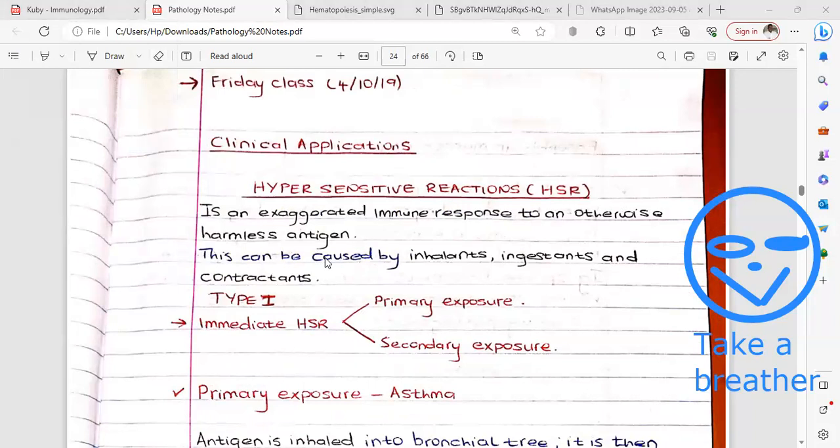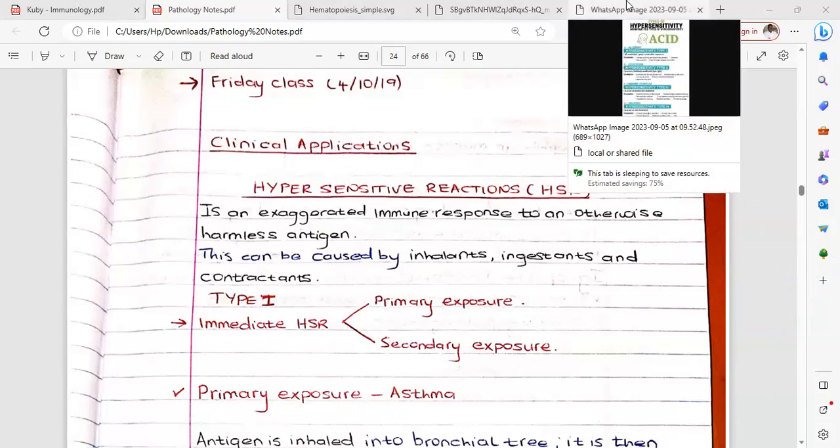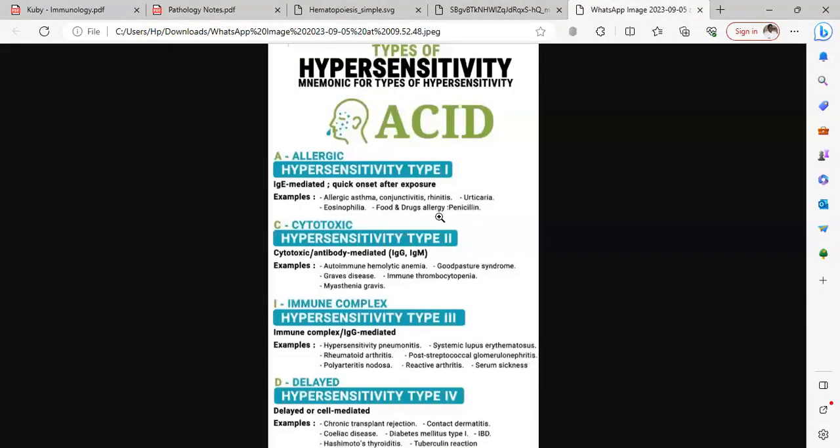So we'll talk about the hypersensitivity reactions. There are basically 4 major categories. Let me share first so that we have a way to remember these hypersensitivity reactions. There are 4 types: type 1, type 2, type 3, type 4.